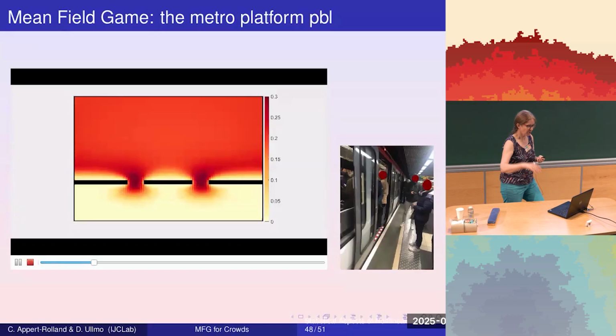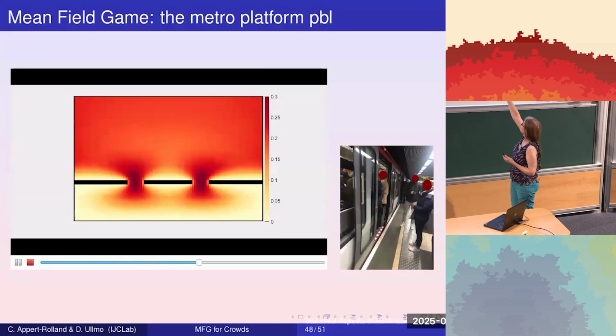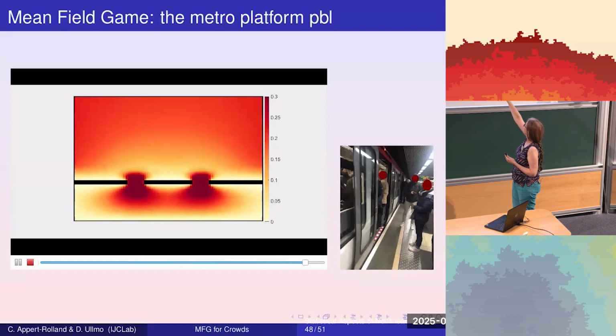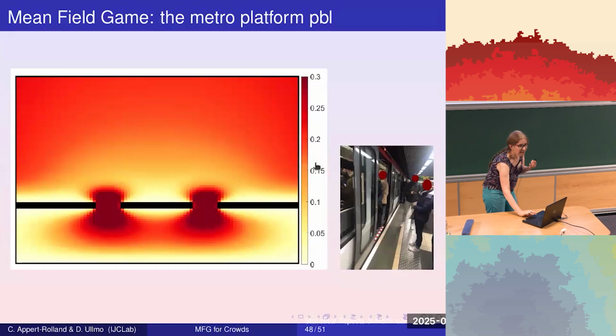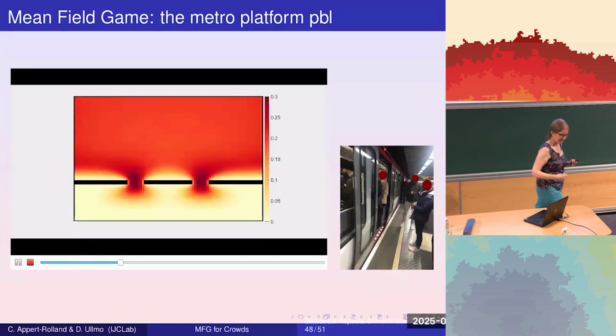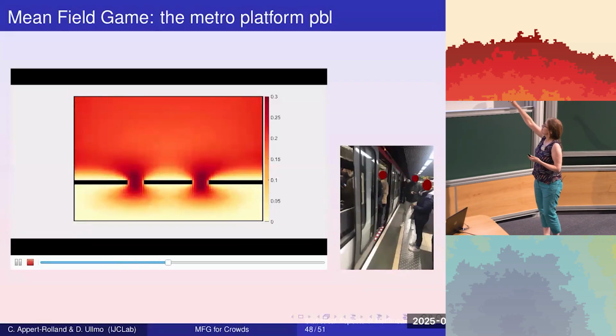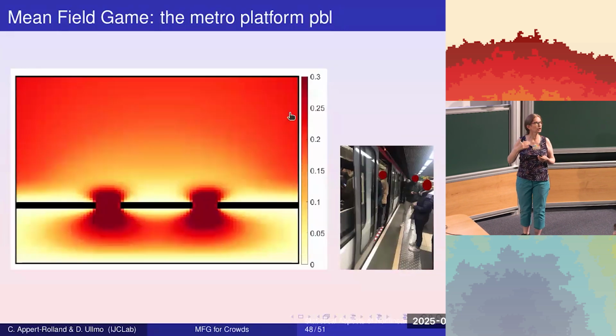At first, on top you have the platform. Then the metro arrives, so people go into the subway. But you see that at one point, people realize that they will not be able to go into the subway, and so they decide, you see this light region appearing, not to go.